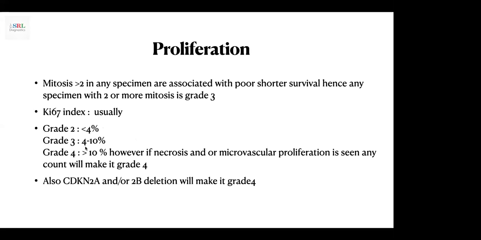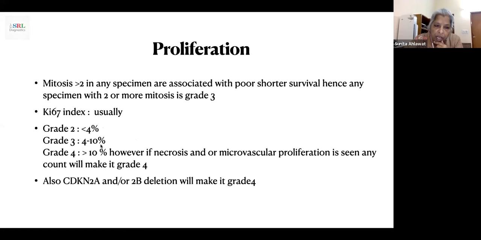Grade 3 shows 4 to 10%, and grade 4 usually shows more than 10%. However, in grade 4, mitotic count or Ki-67 labeling index becomes immaterial if you see necrosis and microvascular proliferation, and also if you see CDKN2 homozygous deletion. Both these things will make it grade 4.